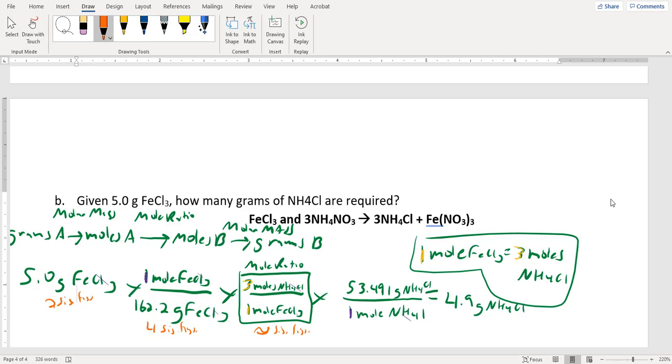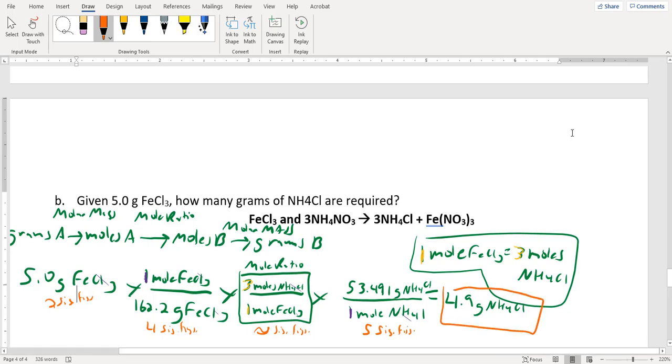And then the molar mass for ammonium chloride has 5 sig figs. So the least sig figs is going to be 2, so it should be to 2 sig figs. Here is your final answer, calculating the number of grams of ammonium chloride that will be produced in a balanced reaction starting with grams of iron chloride, and assuming all the other grams are properly accounted for.